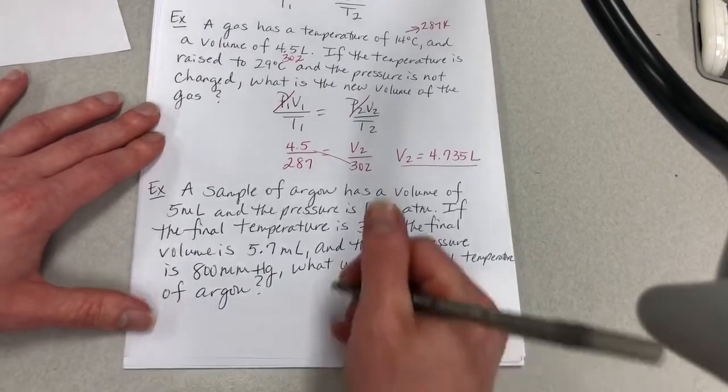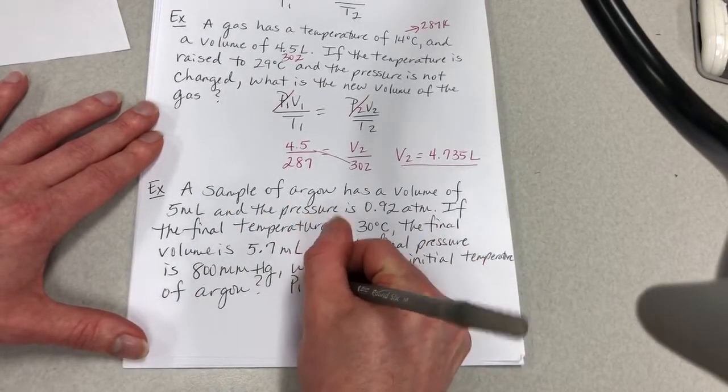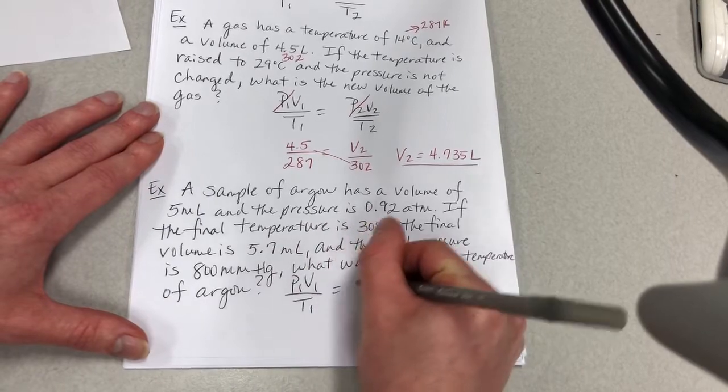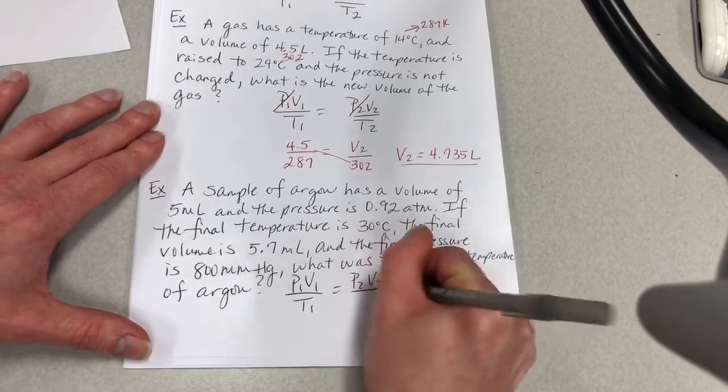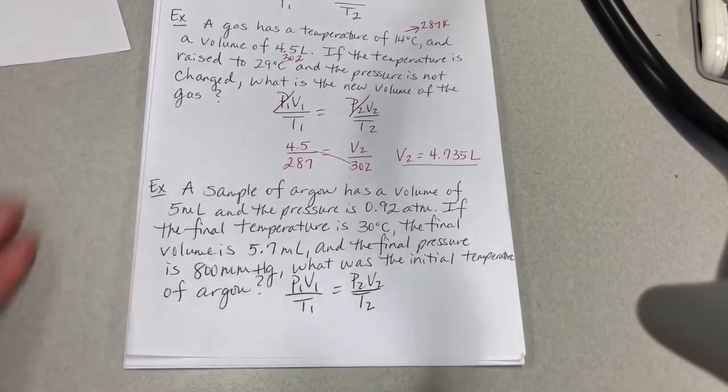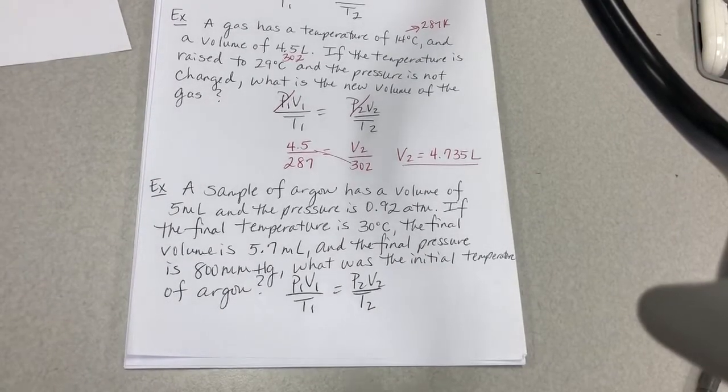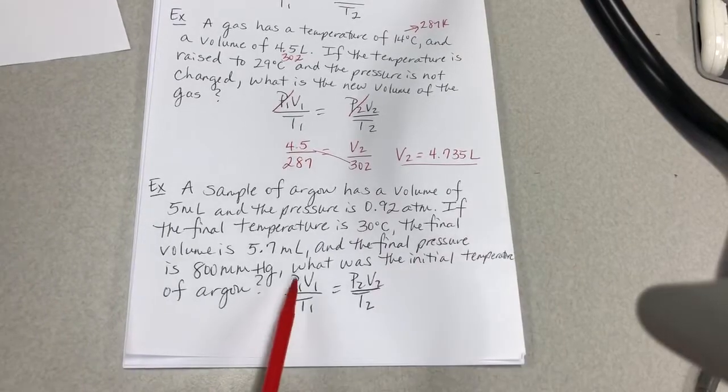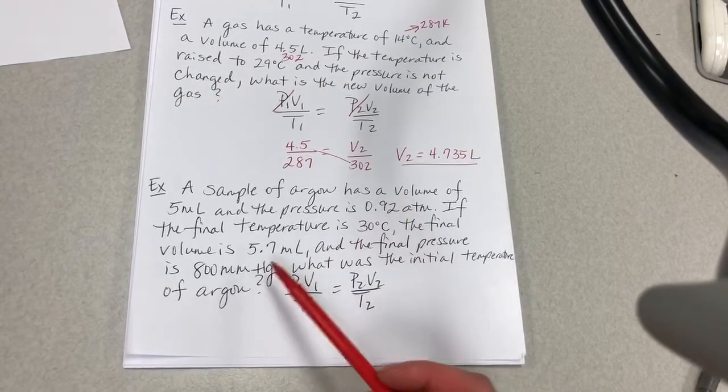Okay, so we're going to write our formula first. So P1 V1 over T1 is equal to P2 V2 over T2. Now, in this question, we have to match up our units for pressure because we have atmospheres and we have millimeters of mercury.